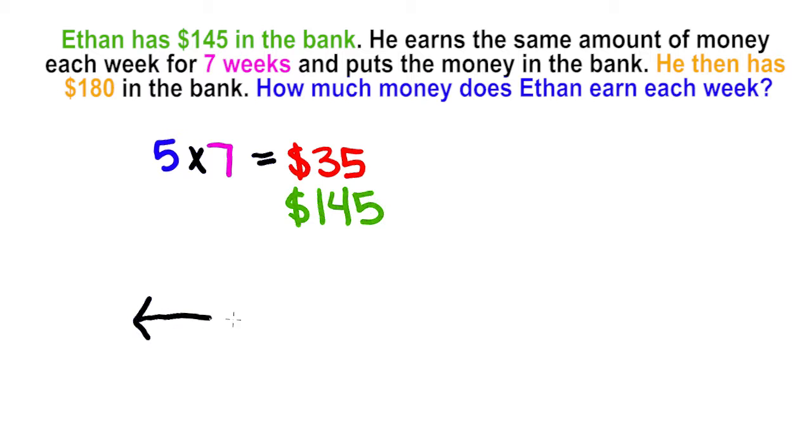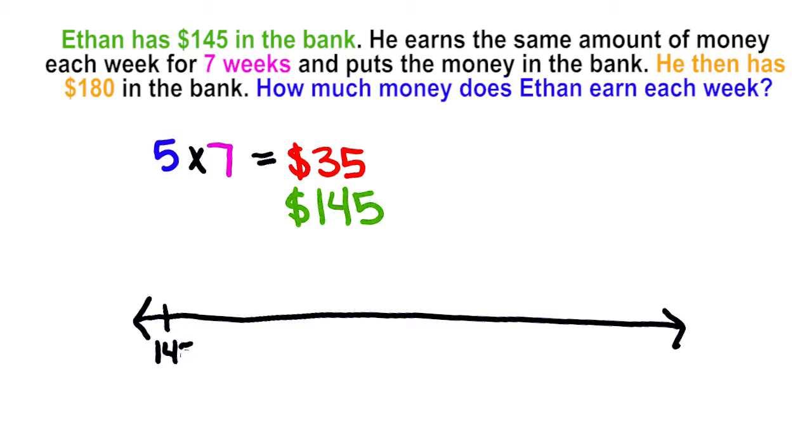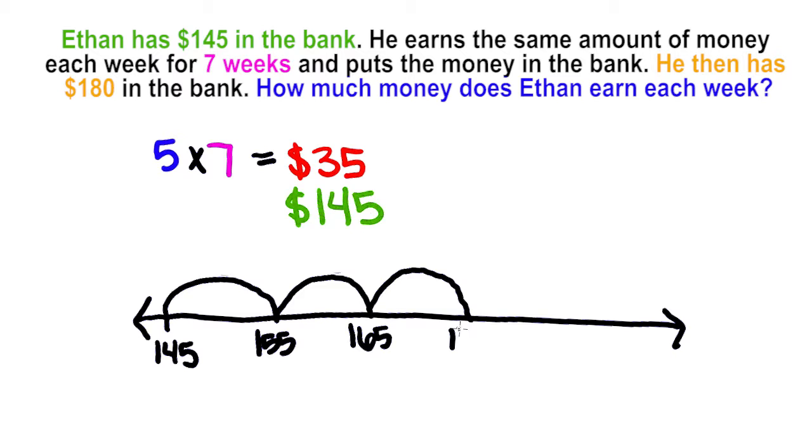If I want to add these together, I could draw it on a number line. Let's start at the $145 he already had, and we will add 35 to see what we end on. I could do jumps of 10 to get 155, 165, and 175.